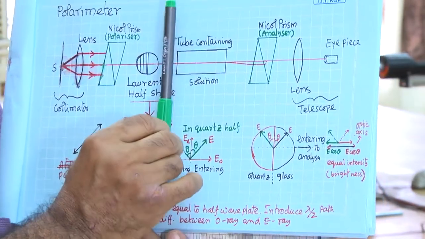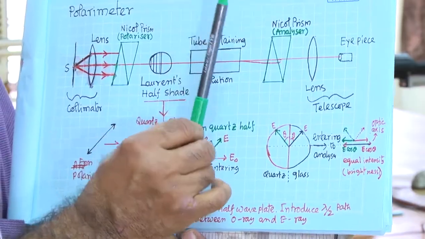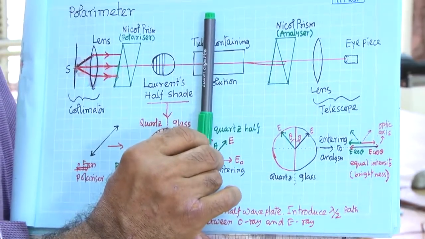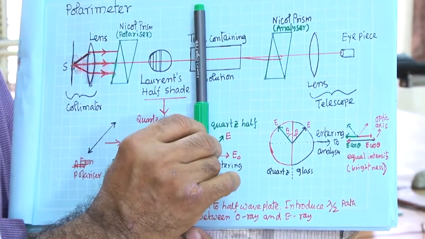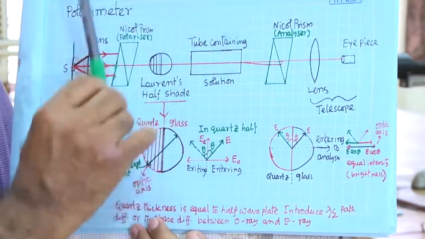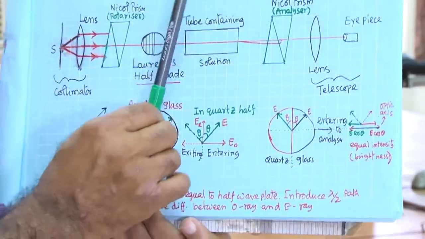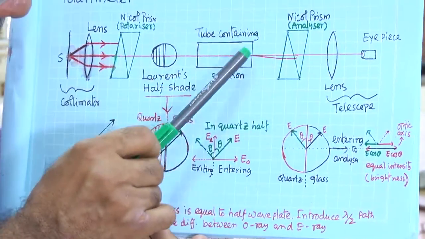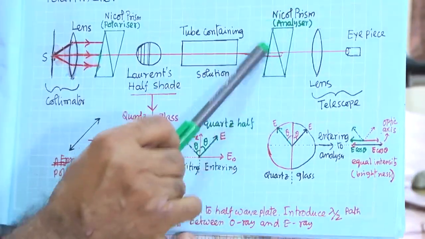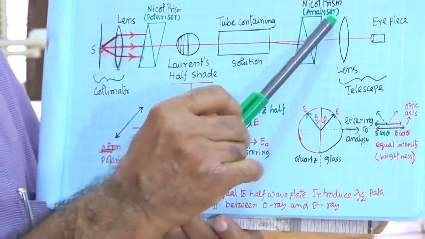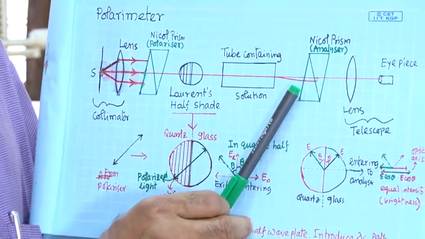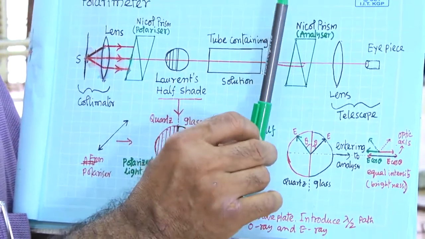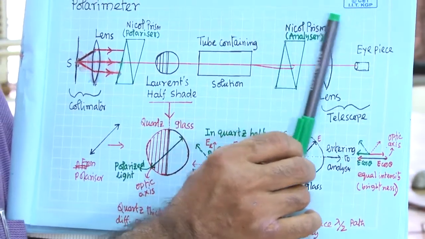That means the plane of polarization will rotate by some angle, say theta. Then we use another nickel prism as an analyzer, and the light passes through this analyzer.